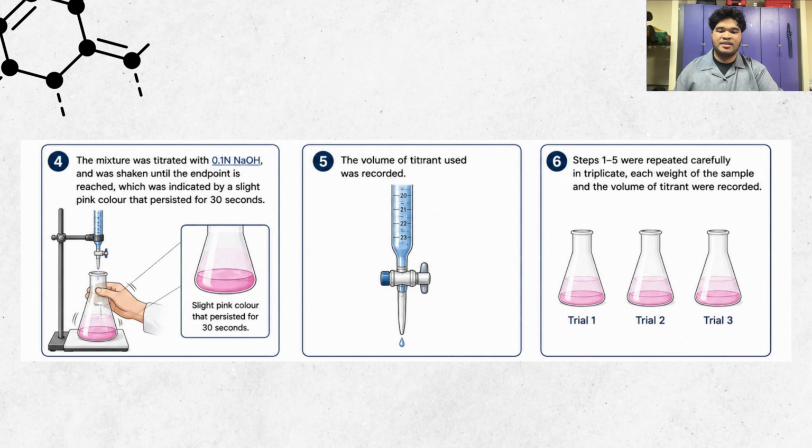The fourth step is the mixture was titrated with 0.1 N NaOH and shaken until the endpoint was reached, which was indicated by a slight pink color that persisted for 30 seconds. The fifth step is the volume of titrant used was recorded. The sixth step, steps 1 to 5 were repeated carefully in triplicate. Each weight of the sample and the volume of titration were recorded.